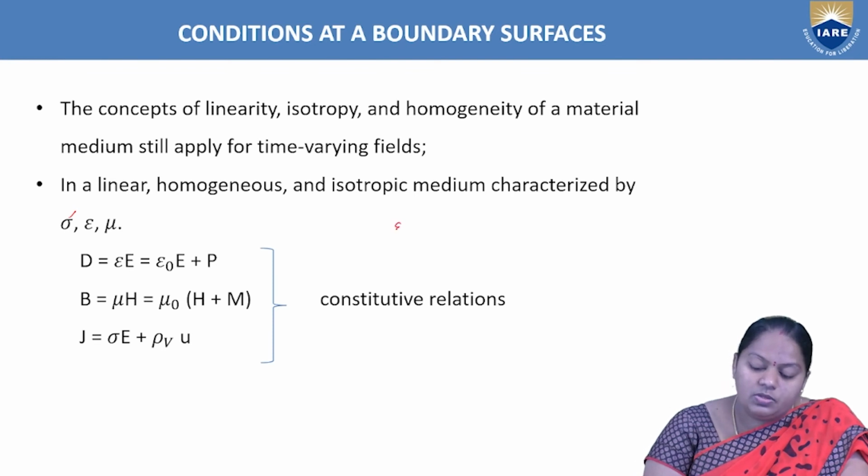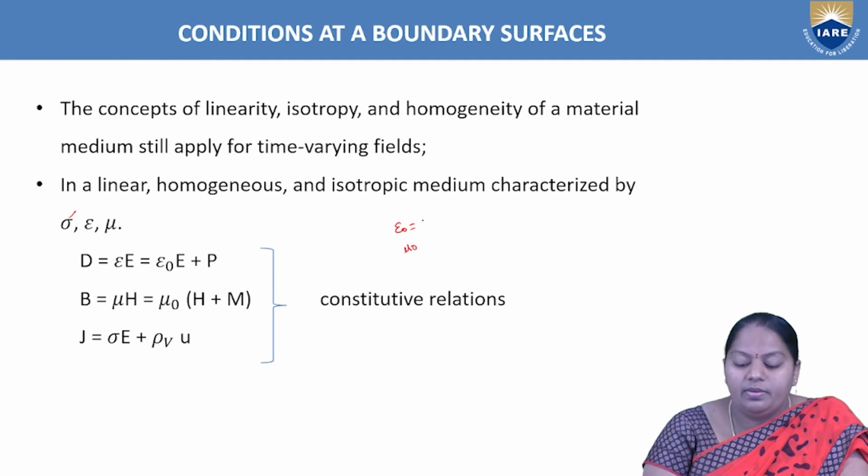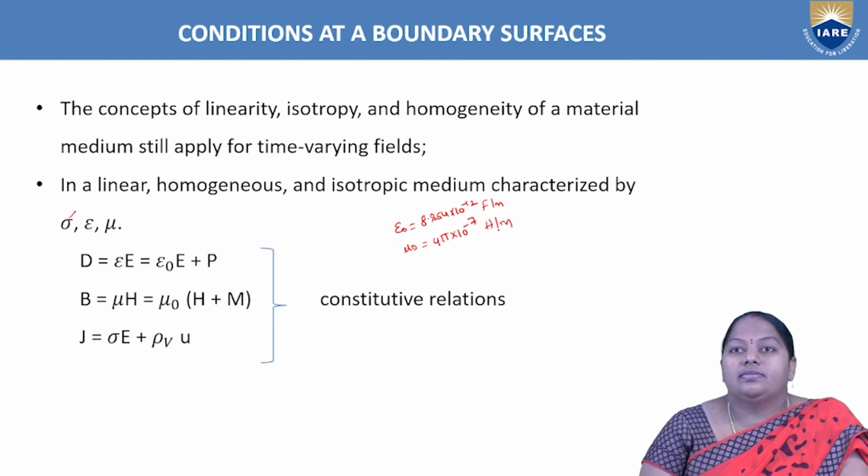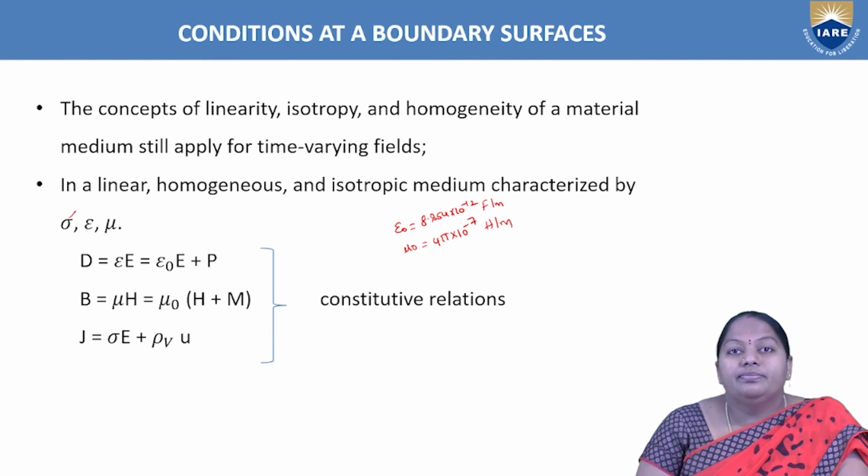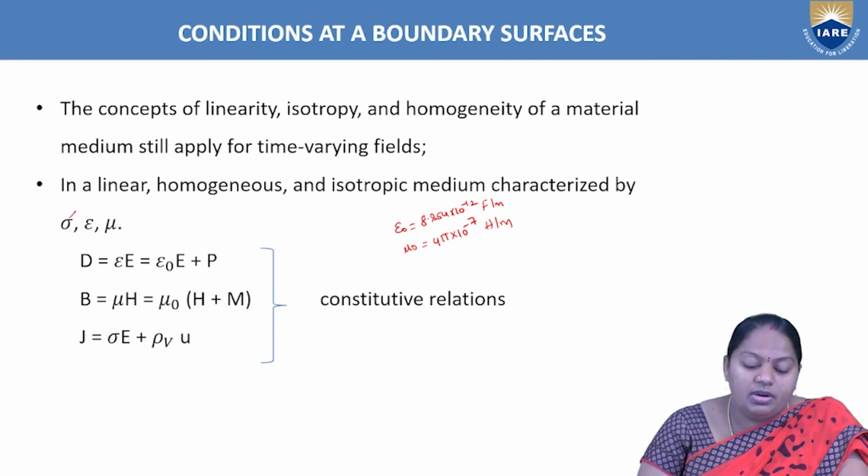As we know, epsilon naught, the permittivity of free space, is 8.854 into 10 power minus 12 farad per meter, and mu naught is 4 pi into 10 power minus 7 Henry per meter.